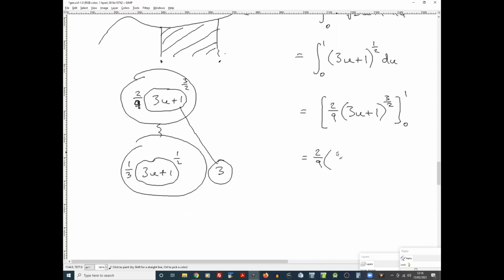When u is 0, then we can say 2/9 times 1. That's right. And what about the first evaluation? What do we get for plugging 1 into u? 2/9 times 1, because 3u comes to 0, plus 1 to the 3/2 is 1, so 2/9. Sorry, which one are you doing? Are you doing this limit or that limit? The first one, 1. 1, okay.